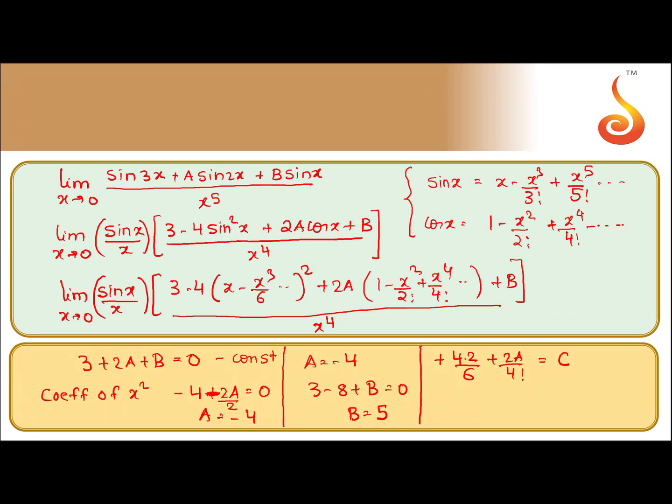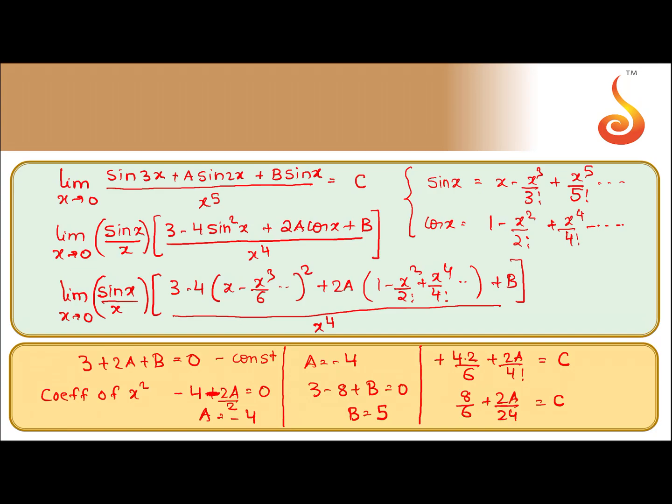This is the value of c, because the left hand limit is equal to the right hand limit, which is the value of the function they gave as c. So this is nothing but 8 by 6 plus 2a by 24 is equal to c. This value is negative. So what do we get for the c value?